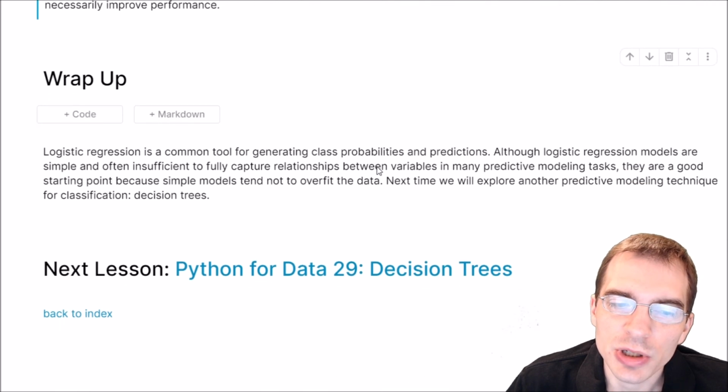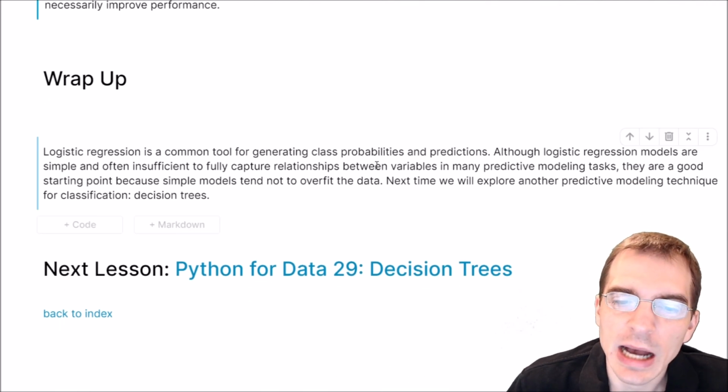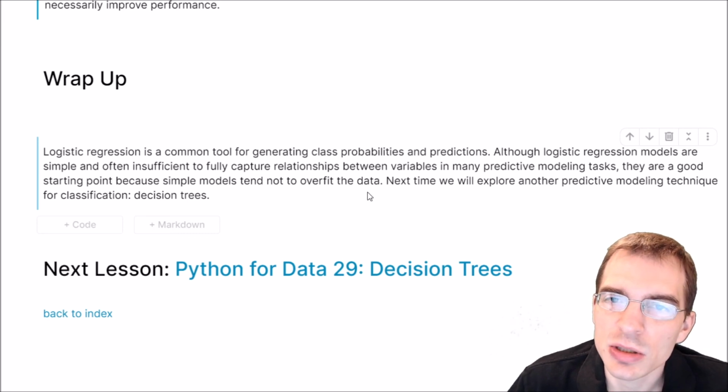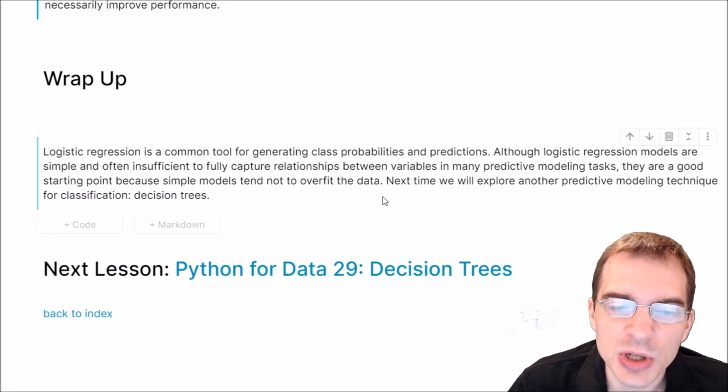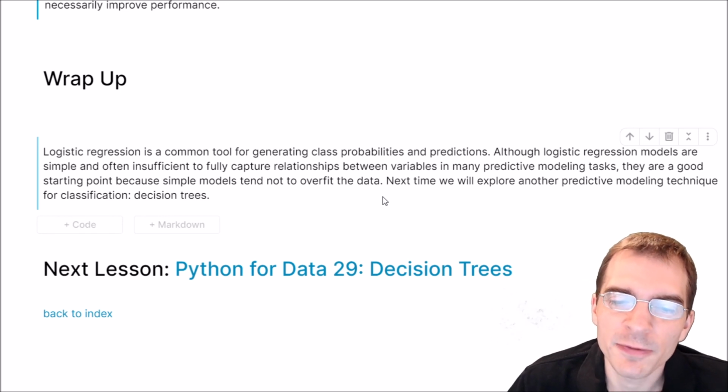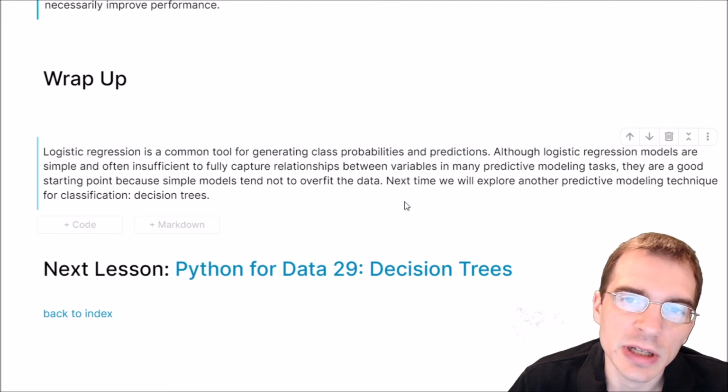So in conclusion, logistic regression is a common tool for generating class probabilities and predictions based on those probabilities. And although logistic regression models are pretty simple and may not fully capture relationships between variables for many tasks, they're a good starting point because simple models tend not to overfit the data.